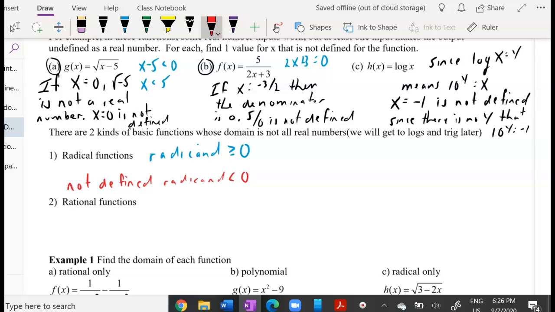Okay. For rational functions, the only rule really is that the denominator can't be 0. So anything that makes the denominator 0 would be undefined.